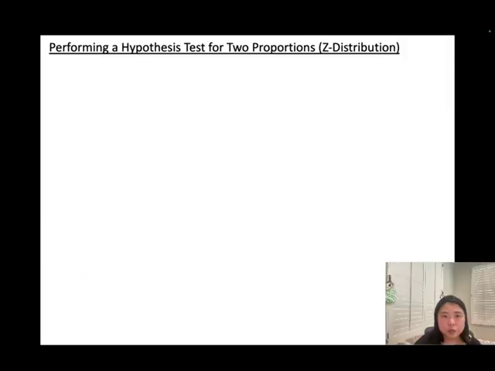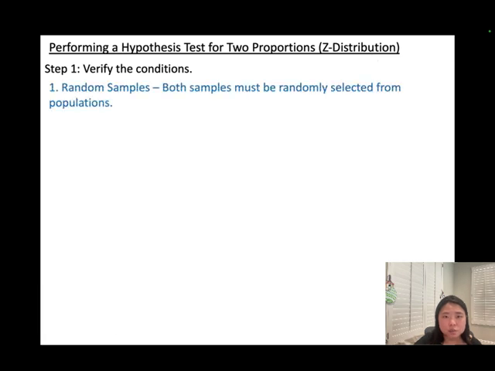Let's try performing a hypothesis test for two proportions. Again, we'll be using the Z distribution. First step, we're going to verify the conditions. Number 1, random samples: both samples must be randomly selected from the populations. Number 2, independent samples: samples are independent of each other.